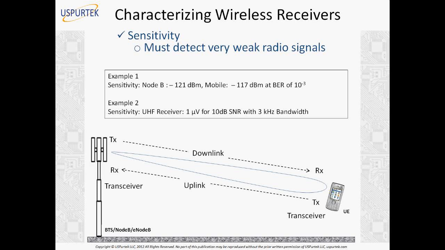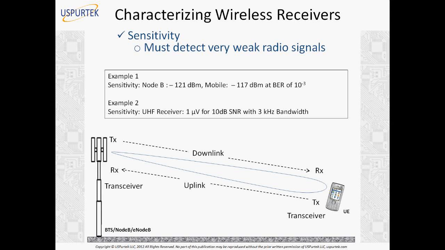A few examples of how the sensitivity of a receiver is mentioned in the literature or in the specifications of that equipment. For a Node B, you could say it's minus 121 dBm, and for a mobile or handset, it's minus 117 dBm at a bit error rate of 10 to the minus 3. Usually the bit error rate is also mentioned, to be sure that at this signal level, this is the error rate you will encounter when transmitting any data.